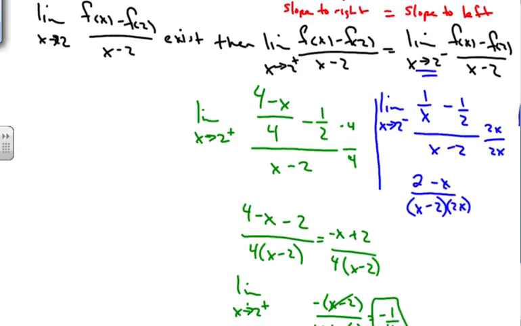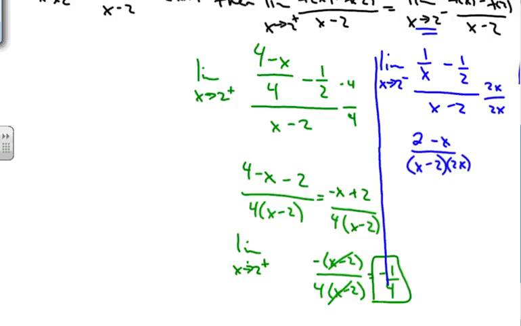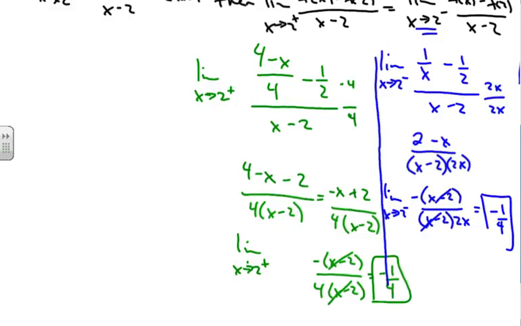From here, it's very close to the other one. We're close to cancelling this out, so we'll factor out a negative, and we'll have x minus 2 over x minus 2 times 2x. Let's take the limit as x approaches 2 to the left now. Cancel, cancel, and we get, once again, negative 1/4. Looking at that, we approach the same value from the right and the same from the left.